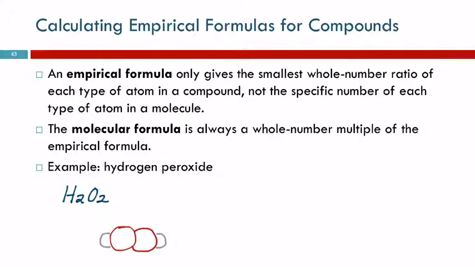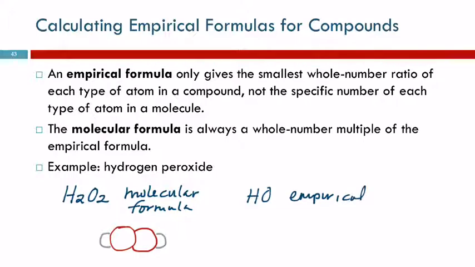But an empirical formula that you would get from experimental data would give you the simplest ratio. The actual ratio is 2 to 2. What's the simplest ratio? 1 to 1. So that's the molecular formula. The empirical formula is HO. That's the empirical.